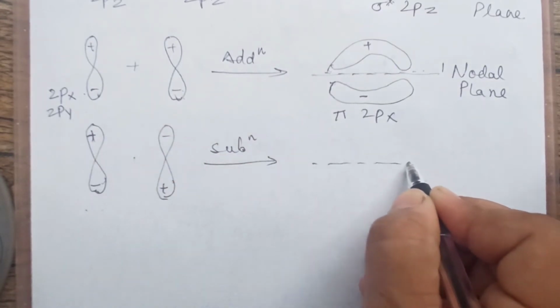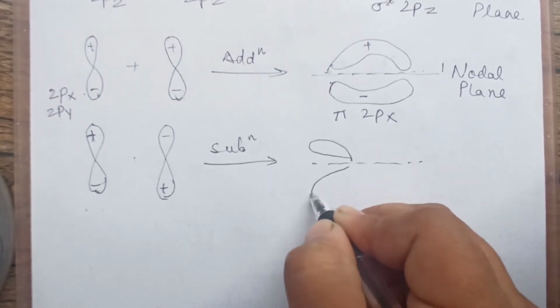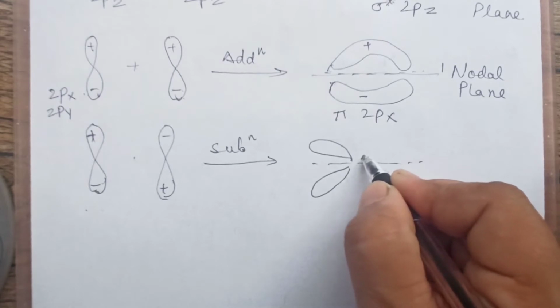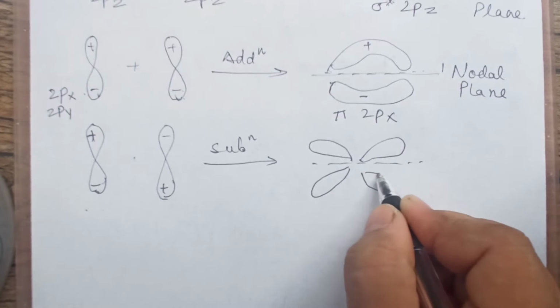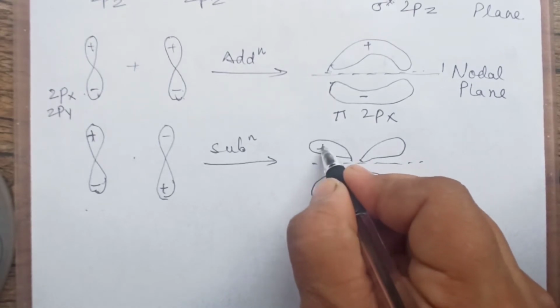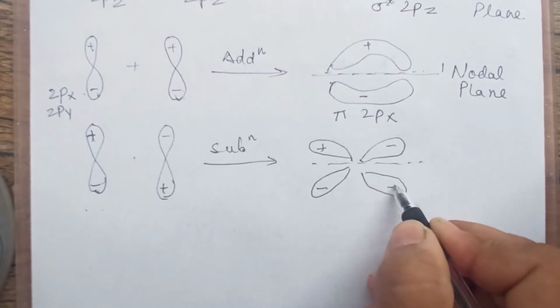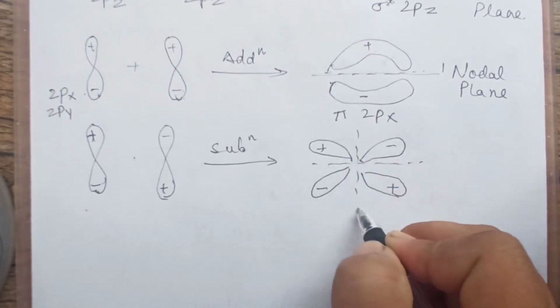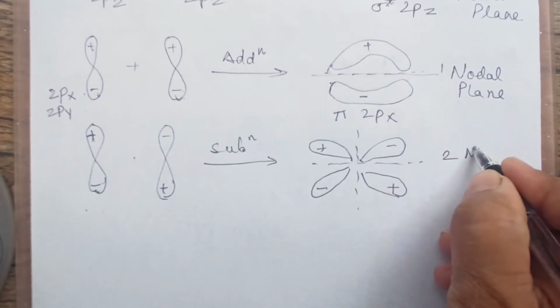Okay, so this we are going to show as the internuclear axis. We will show the lobes like this because there won't be any overlapping in that aspect. It will be destructive interference. So we are going to show the charges, as usual, plus minus, and here minus and plus. So this will be one nodal plane, this will be another nodal plane. There are two nodal planes in this, children.